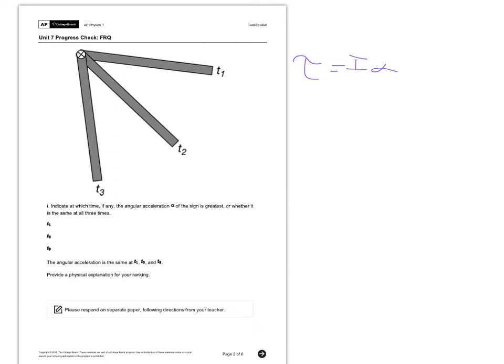In all 3 of these situations, so T1, T2, T3, you've got the force of gravity, or the weight, causing the torque. Also remember that torque is Fr sine theta. In this case, because the angle is changing, your torque will be changing as this rotates down.